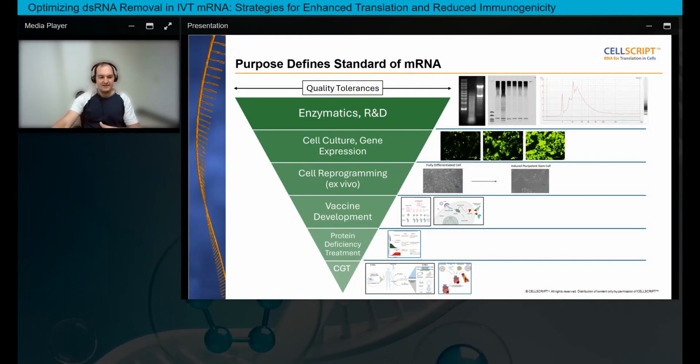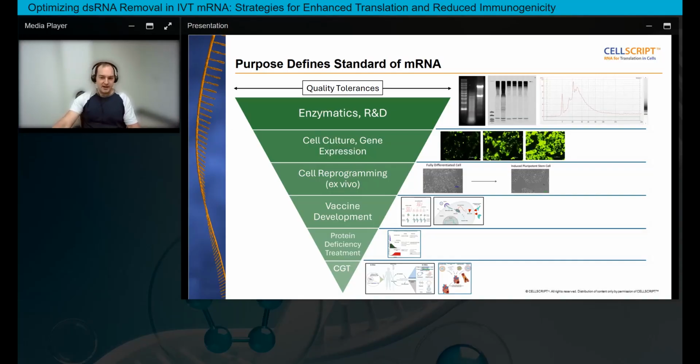Now, that's not to say that it's all doom and gloom for every single system. The quality tolerance for what your RNA is used for matters immensely. For instance, at the top of this upside down pyramid, enzymatics and normal R&D work, where you're just testing whether some enzyme works well on some RNA or mRNA or other nucleic acids.